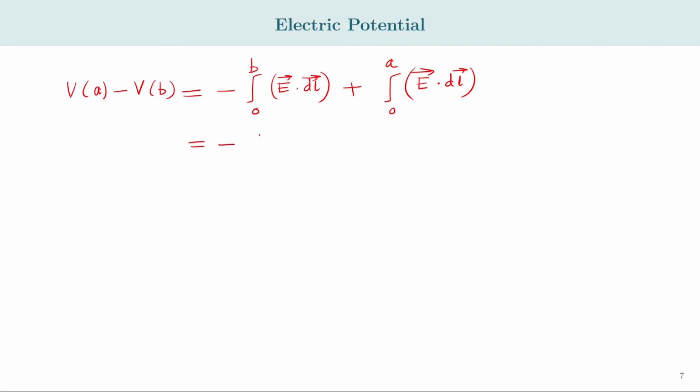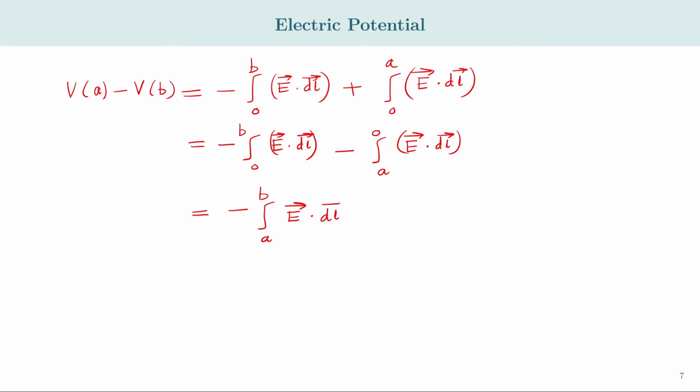And this is equal to negative of integral O to B E dot dl minus integral A to O E dot dl. And this can be written as negative of integral A to B E dot dl. That is, the potential difference VA minus VB is equal to negative of integral A to B E dot dl.